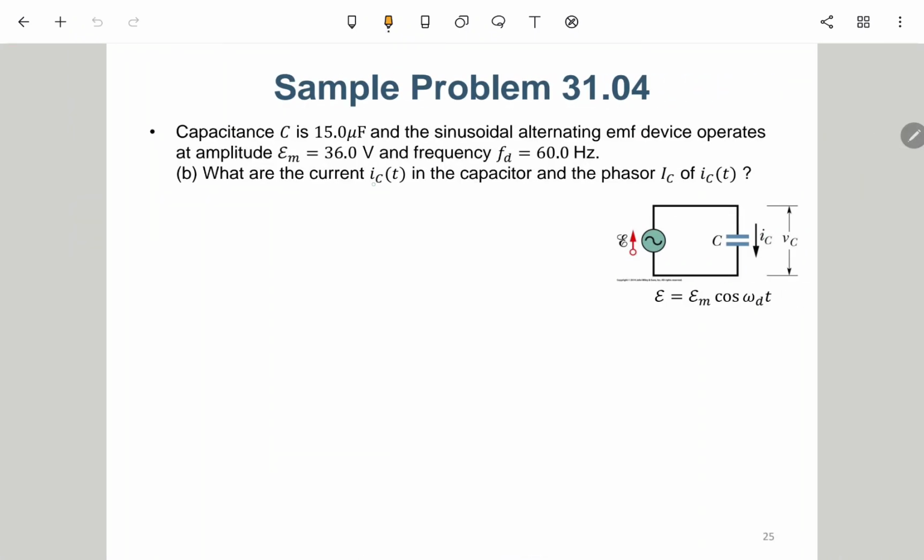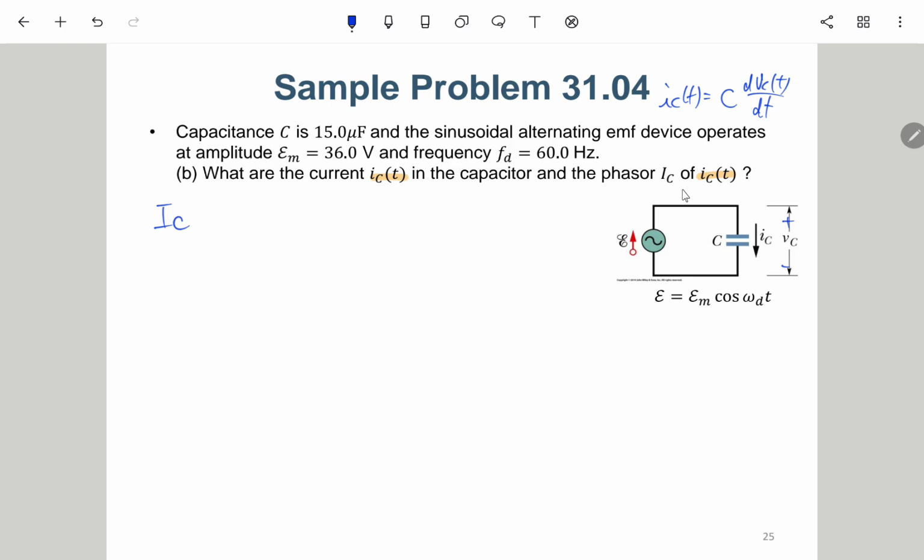For question B, it asks you what is the current IC here and also IC of t. IC of t is a time domain function. If you like, you can use IC of t equals C dVC/dt, taking the derivative of VC, and then you get IC.